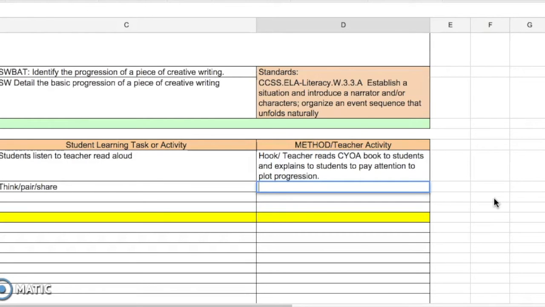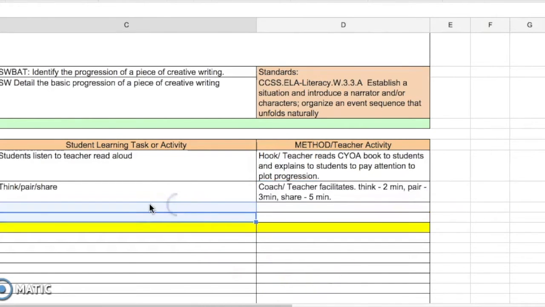So I'm just going to put coach, because that's sort of what you're doing there, and teacher facilitates. And then also, I'm just going to put a little note to myself, think 2 minutes, pair 3 minutes, and share 5 minutes, just so I know when I want to be telling them to move on.